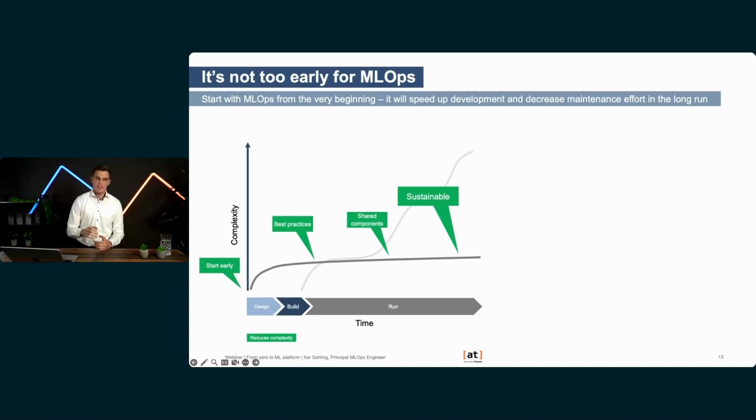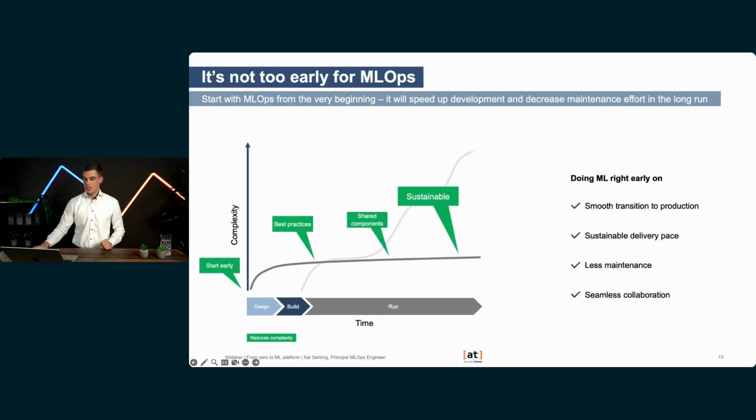And yes, it's a challenge. At the beginning, it will take more time, but it will definitely pay off. It's an investment. If you define these things at the very beginning, it will definitely pay off later on. You will end up with less maintenance work. The transition from the prototype to production will be easier.